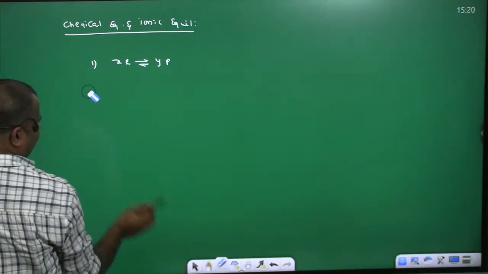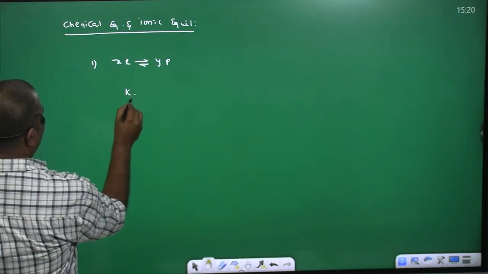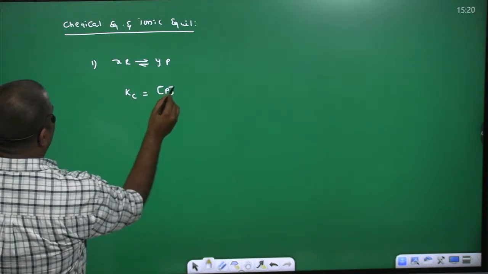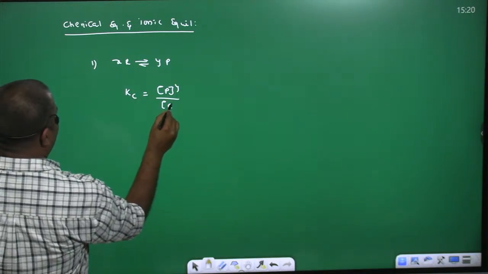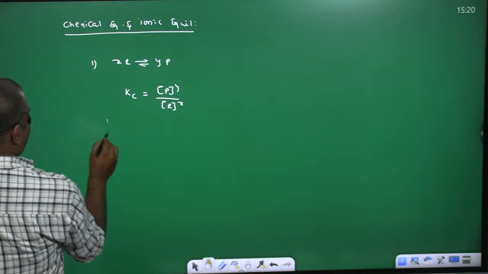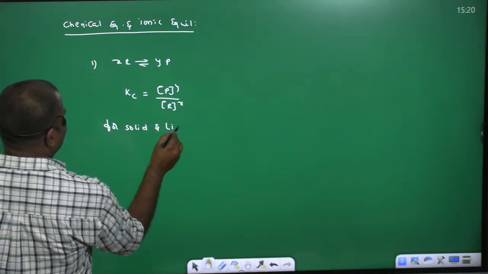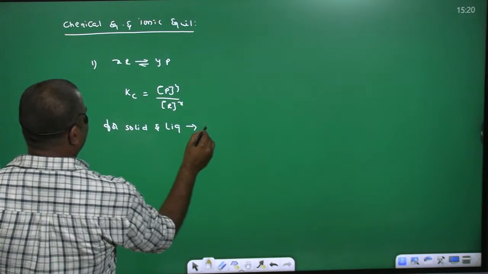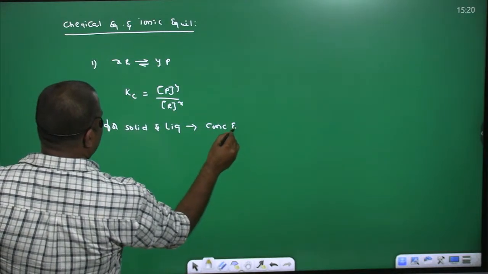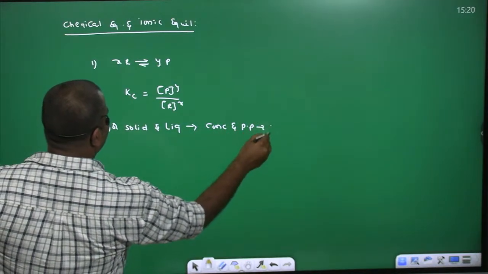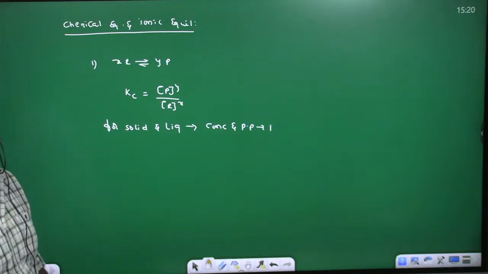How do we write Kc? Kc equals concentration of P power Y by concentration of R power X. For solids and liquids, the concentrations and partial pressures can be taken as 1, always unity.